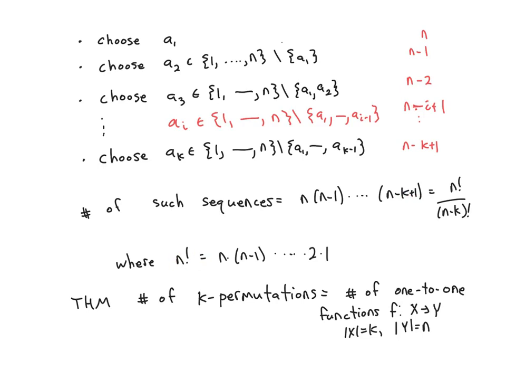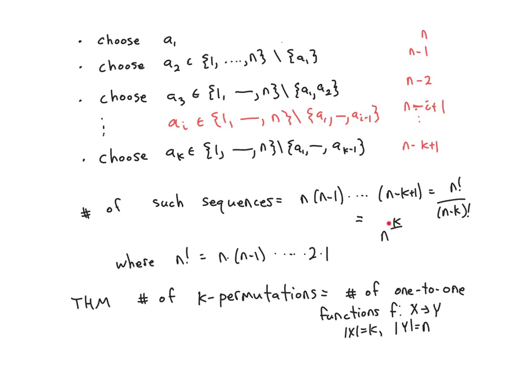If you like factorials, this can be written as a ratio of two factorials: n factorial divided by n minus k factorial, where n factorial is the product of the first n positive integers. In some lectures, I will use this notation for it, n to the k underlined. This is called the falling factorial because of this formula.